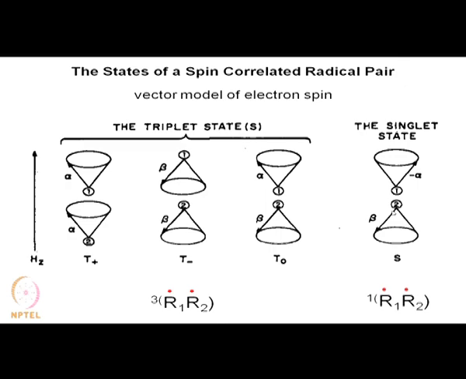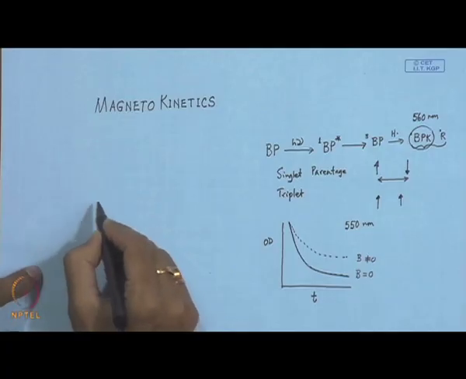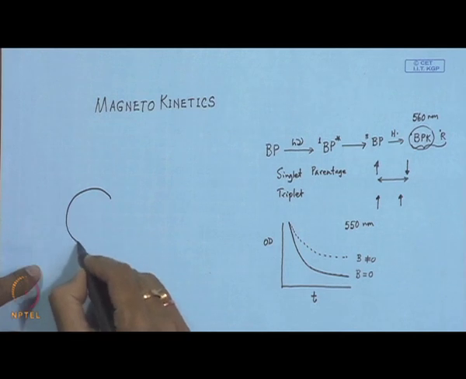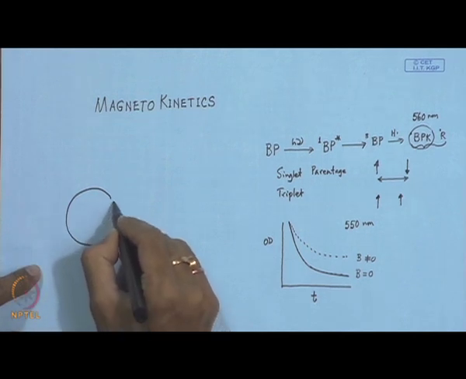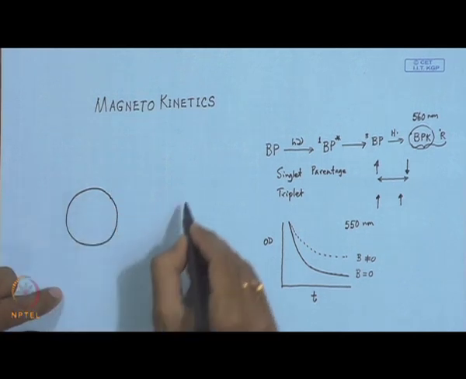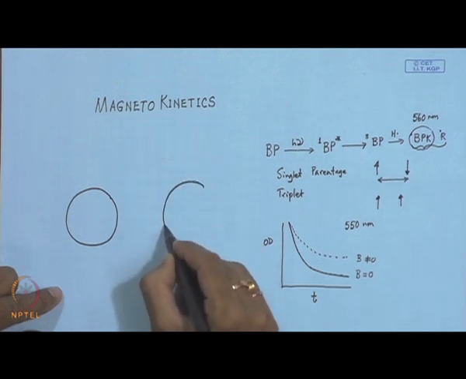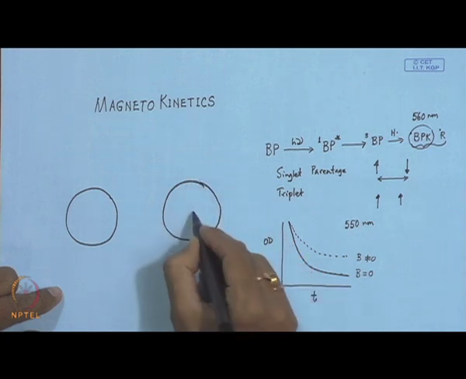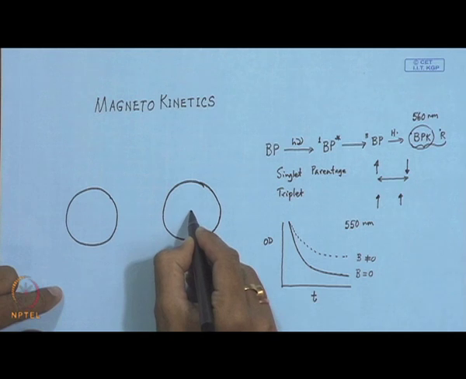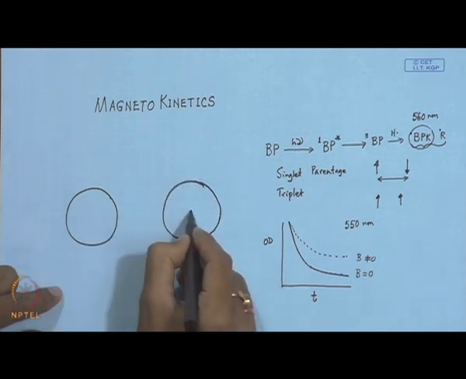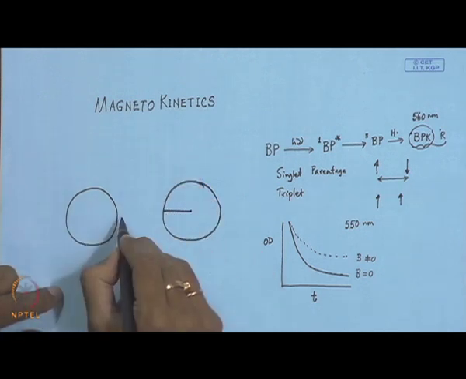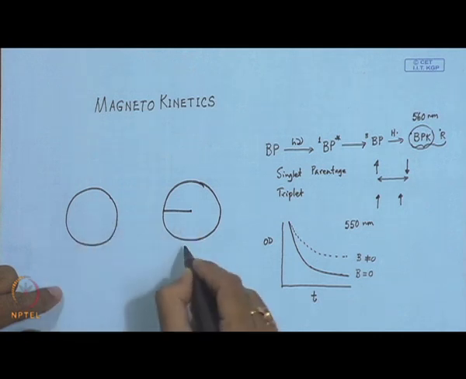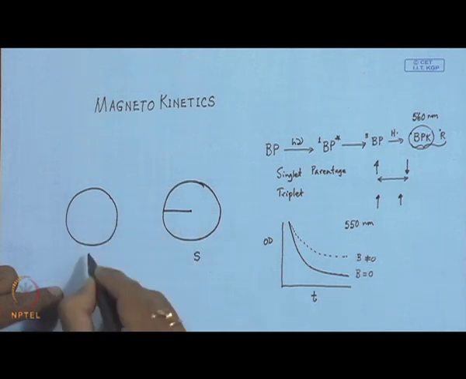So if you view from the top, then for your T plus, you are viewing from the top. This is for your S, so this is for T, so T0.